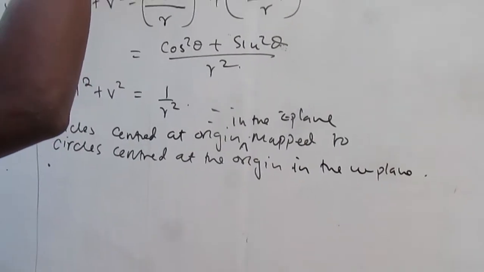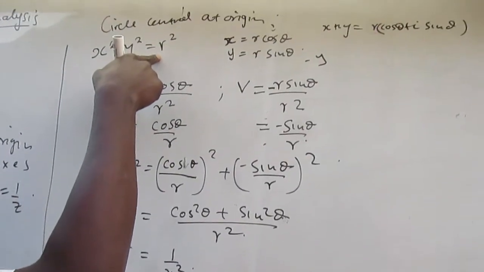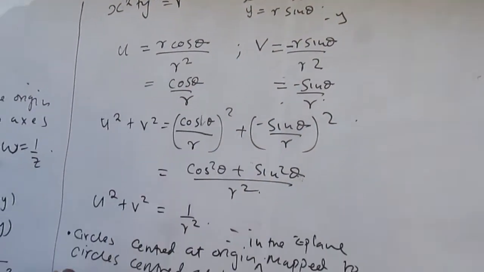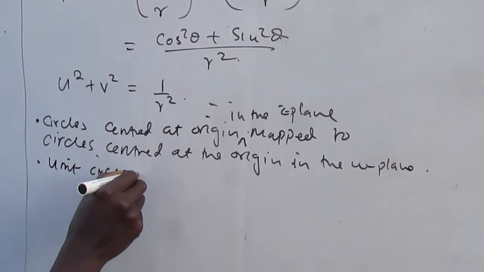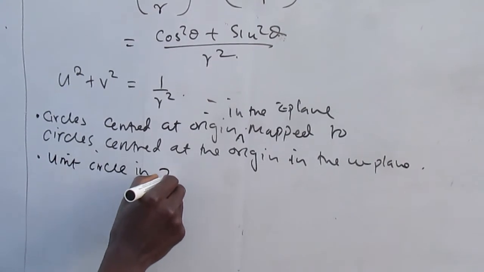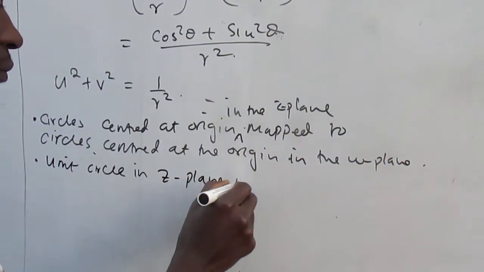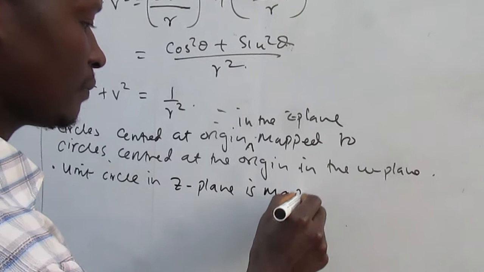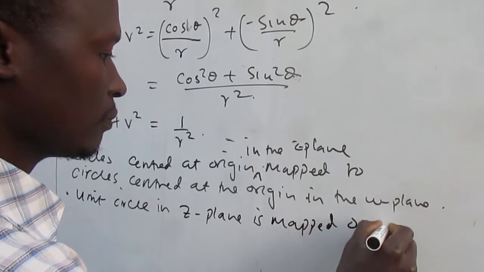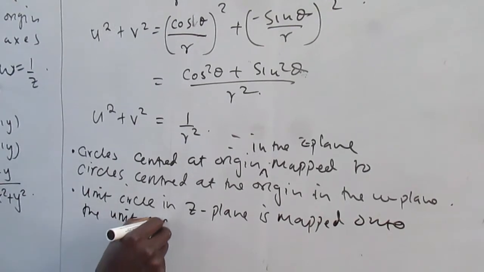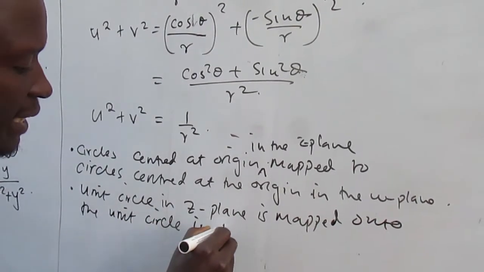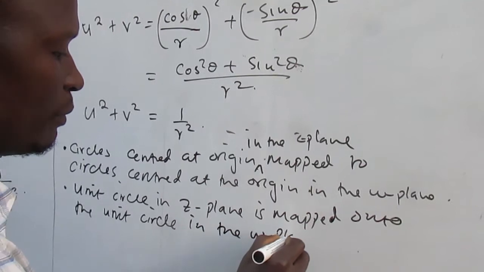Fine. So if the radius of our circle is 1, then we realize that the unit circle in the z plane is mapped onto the unit circle in the w plane.